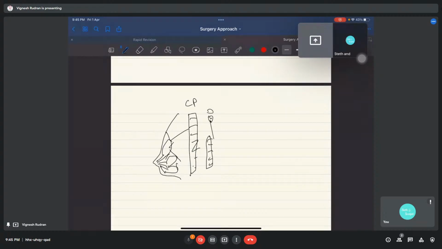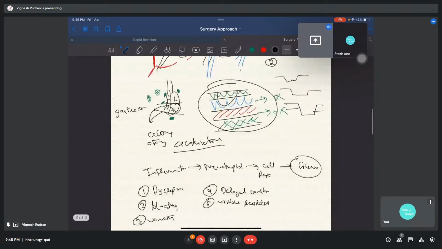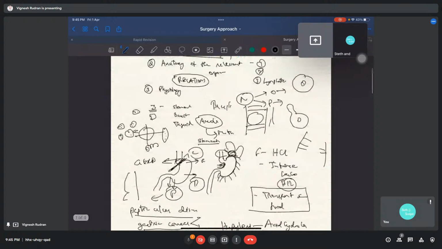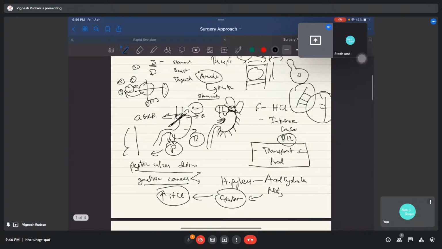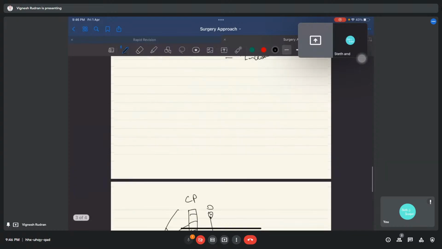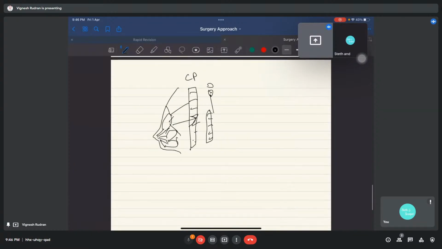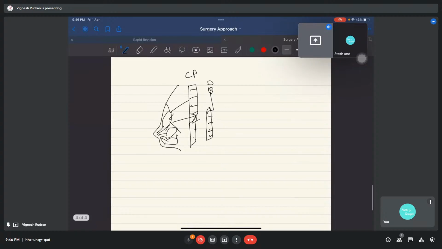So if breast cancer spreads like this, that is called fixity to chest wall. If it spreads via lymphatics here, that is one method of spread. Then blood supply, here these two blood supplies are there, right? So it spreads with that. So much about the breast, then we go part by part.